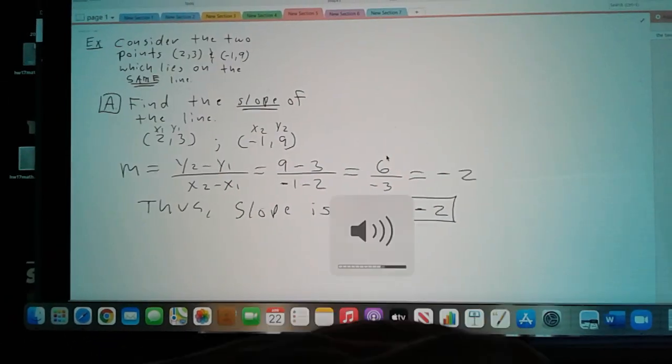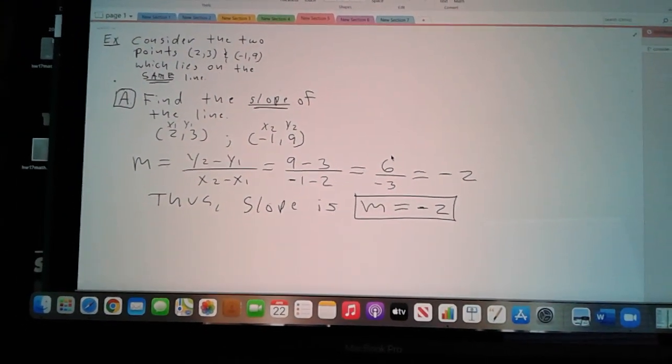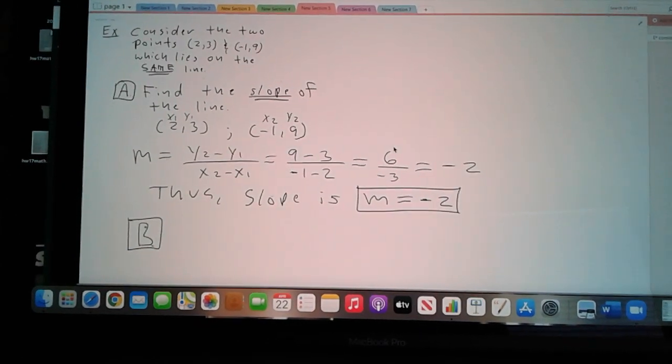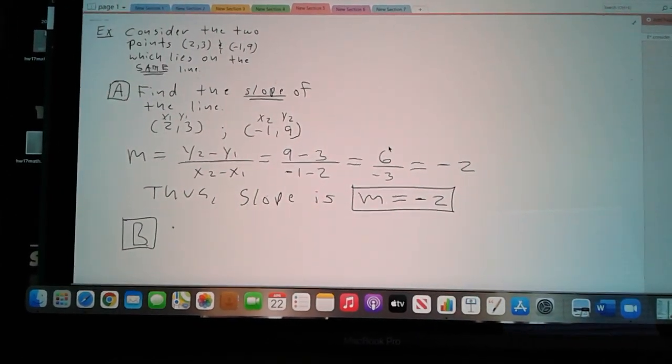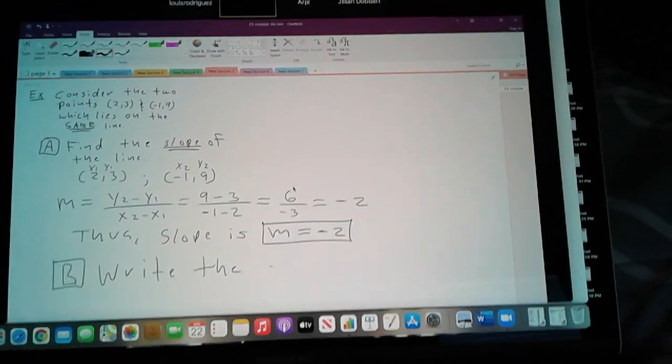Any questions? Okay, so now we have the slope. Let's say they want you to write the equation of the line in slope-intercept form.